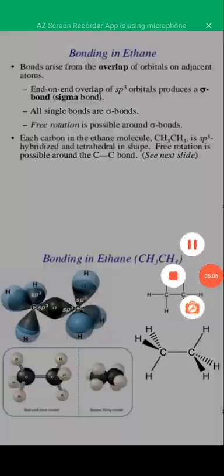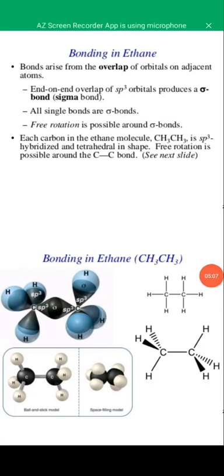Are we there? Also, we said each carbon in the ethane molecule, for example, look at C2H6, which is CH3CH3. We're going to look at all that, naming of compounds and all that, in upcoming classes.